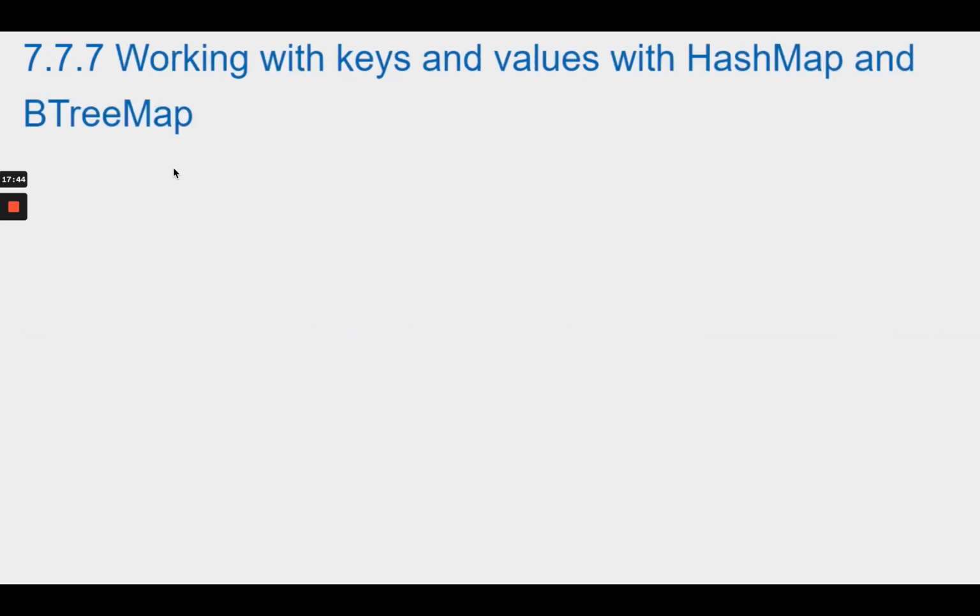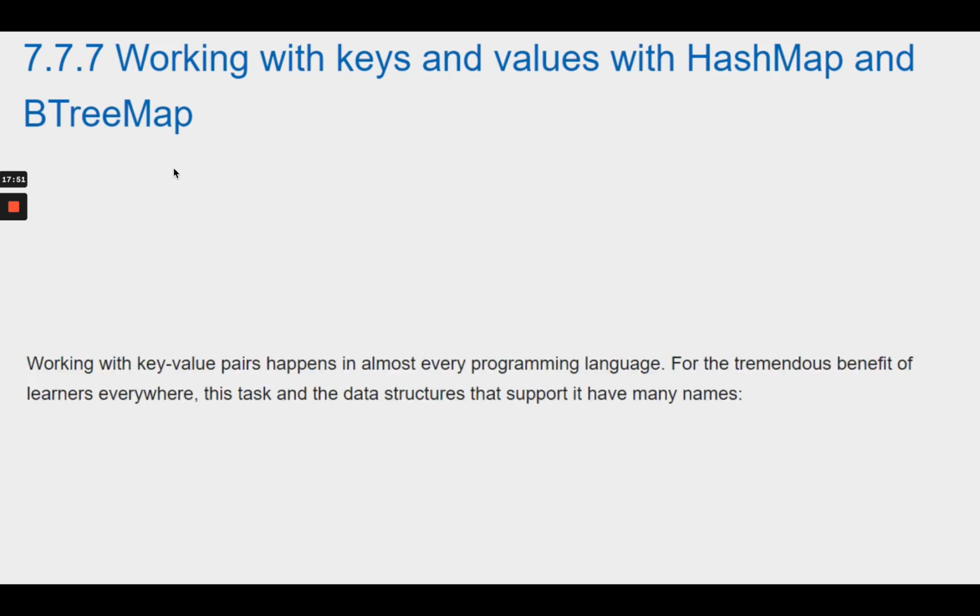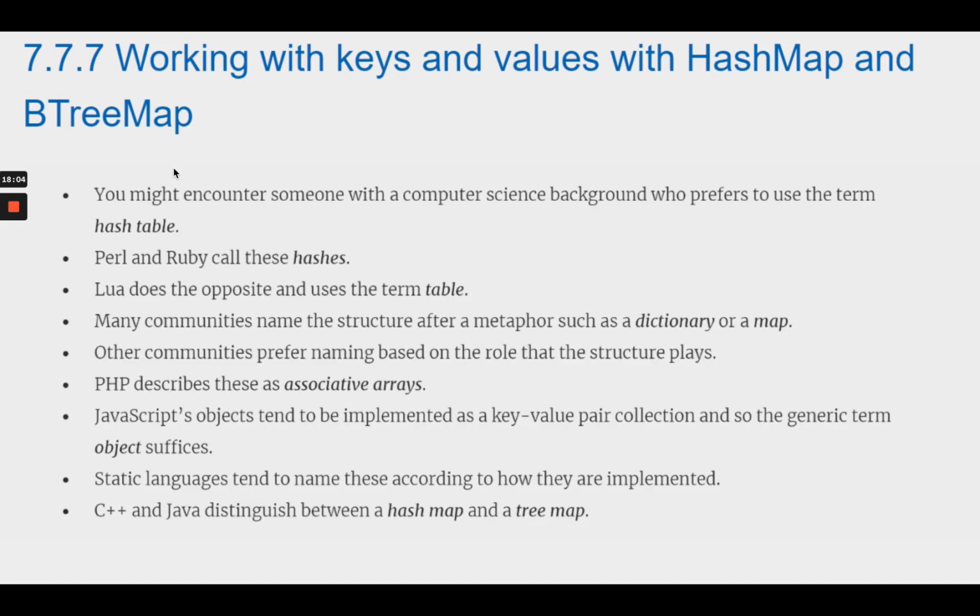Section 7.7.7. Working with keys and values with HashMap and BTreeMap. Working with key-value pairs happens in almost every programming language. For the tremendous benefit of learners everywhere, this task and the data structures that support it have many names. You might have encountered someone with a computer science background who prefers to use the term hash table.